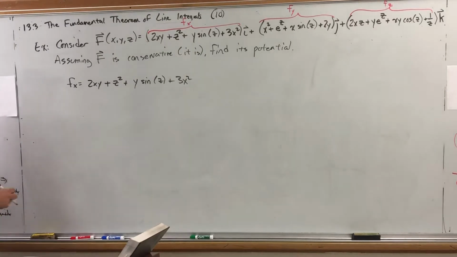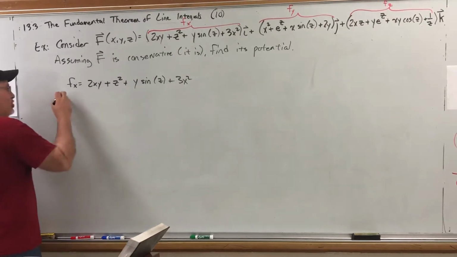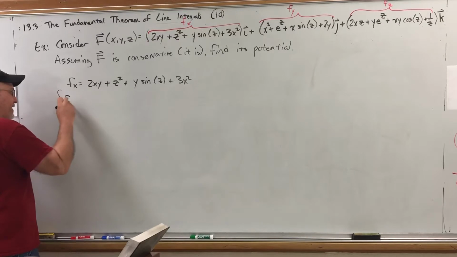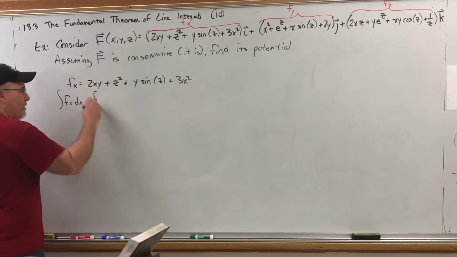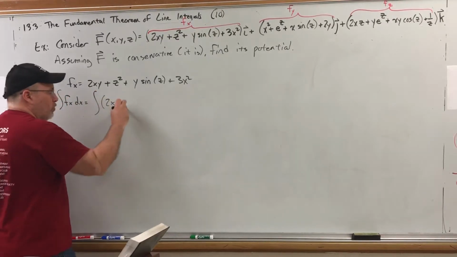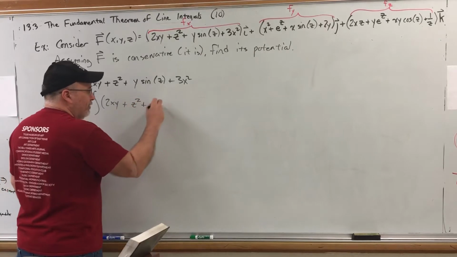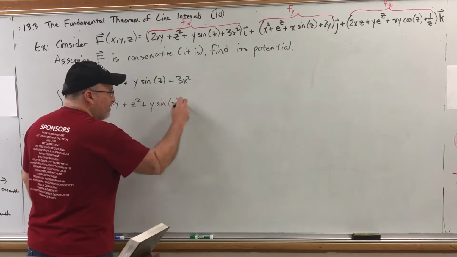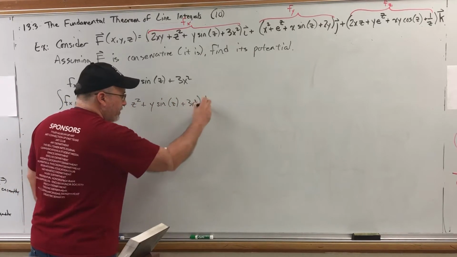Since this is the partial derivative with respect to x, let's start by integrating this with respect to x. So the integral of 2xy plus z squared plus y sine of z plus 3x squared dx.